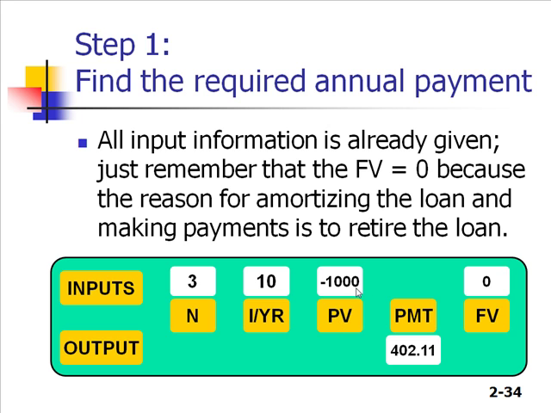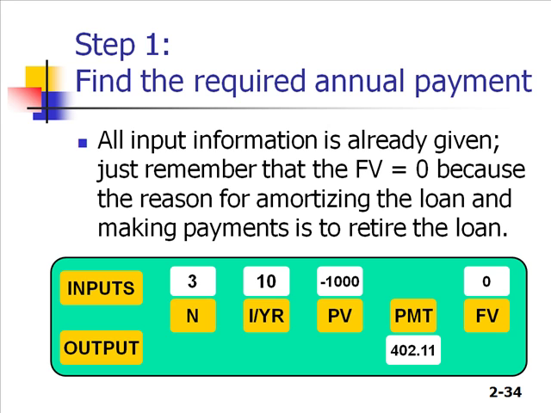That's how much you borrowed. 0 for the future value. And then we solve for the payment. We compute the payment and we end up with $402.11. That's the amount that must be repaid each year in order to make sure that you retire the $1,000 loan balance in full. So it's pretty simple to compute that.